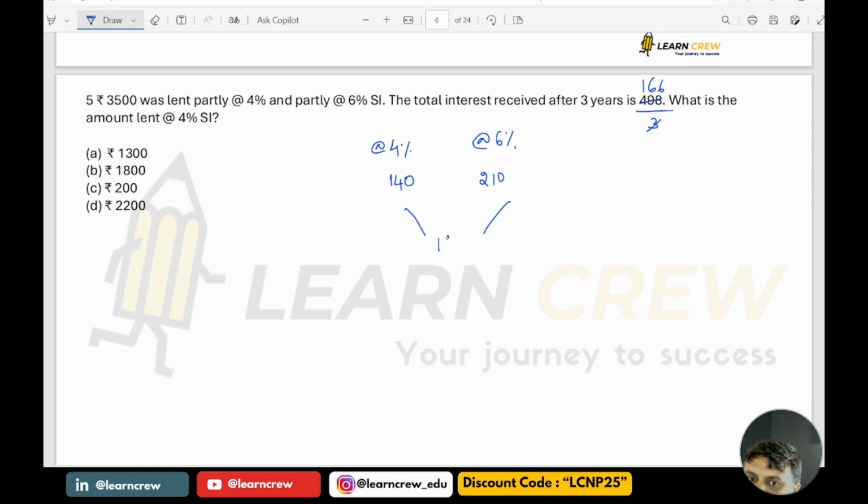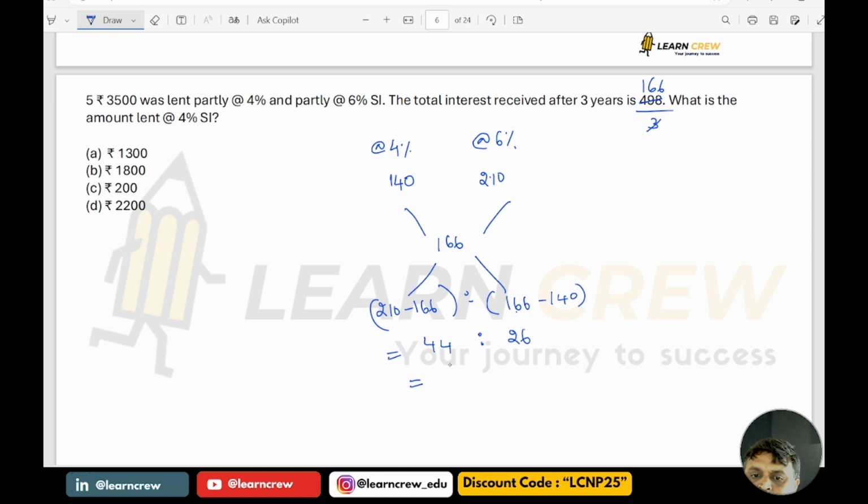Because of the mixture, it is 166. So 210 minus 166 is 44, and 166 minus 140 is 26.